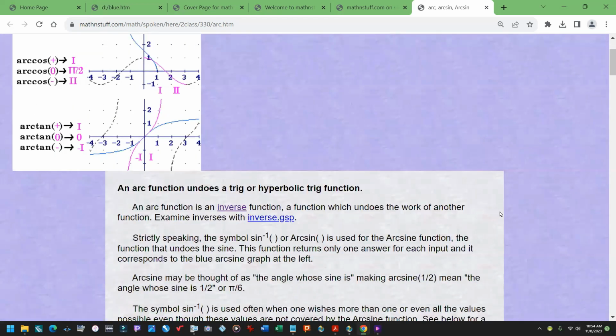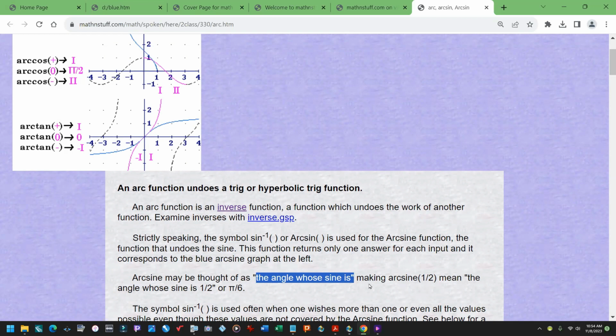A function which undoes the work of another. Strictly speaking, the symbol sine to the negative 1 is arcsine. Arcsine is the angle whose sine is. That's what we need to know. The angle whose sine is.